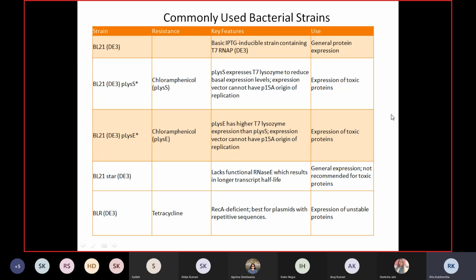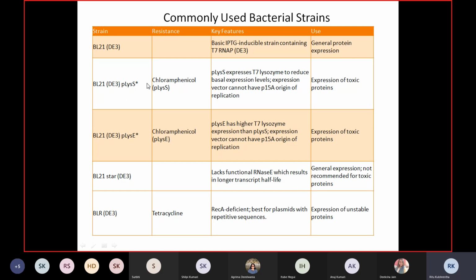But to make it even cleaner, they have introduced a T7 lysozyme, which ensures that the expression of T7 RNA polymerase is comparatively limited as compared to this strain, and there is no basal expression of T7 RNA polymerase under non-inducible conditions. So only when you want to express the protein will it be expressed, but not to the high levels produced here.